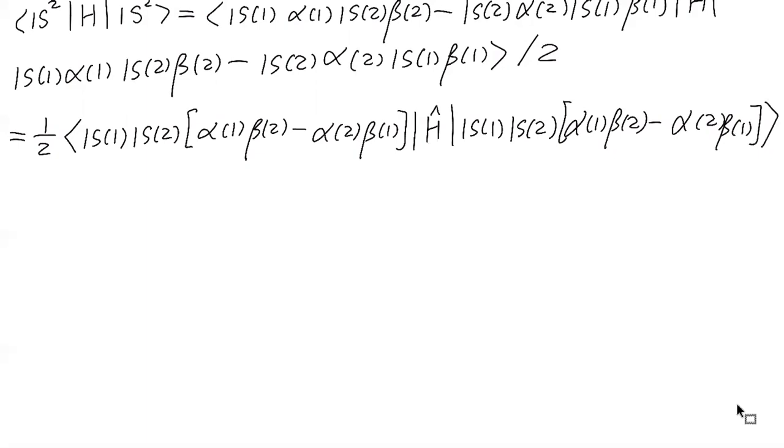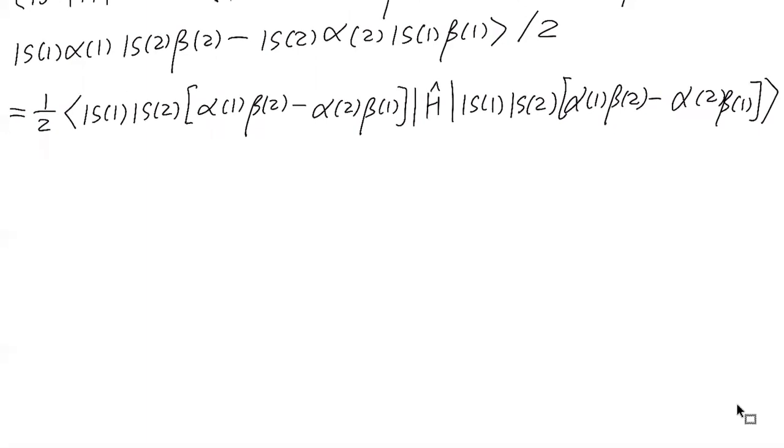So you see, when you do this product, you will have alpha 1, beta 2 interact with alpha 1, beta 2, right? Because this H does not depend on spin. Therefore, you simply have an inner product of alpha 1, beta 2 and alpha 1, beta 2.